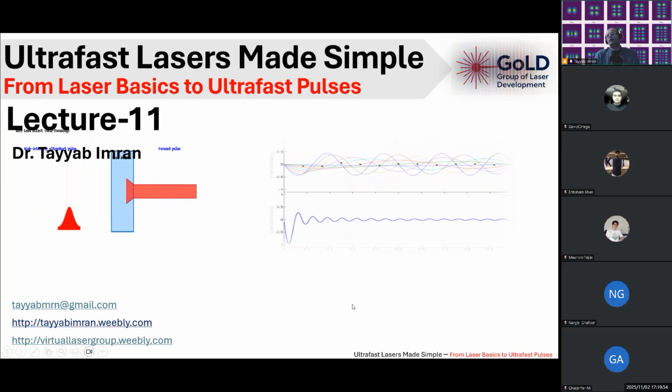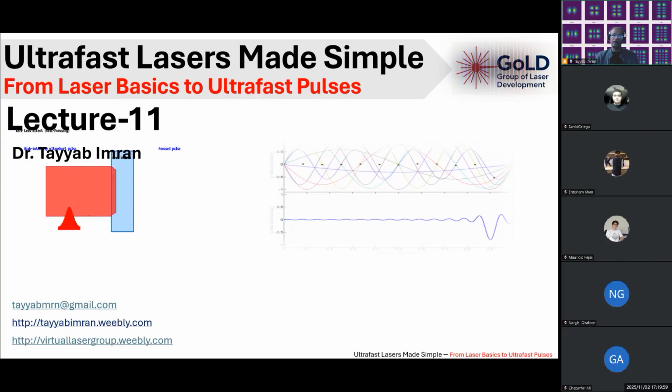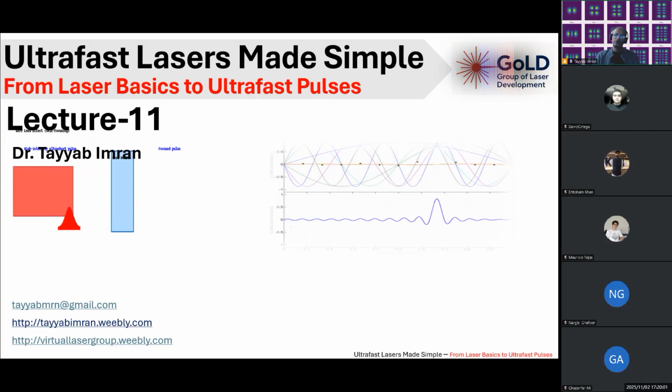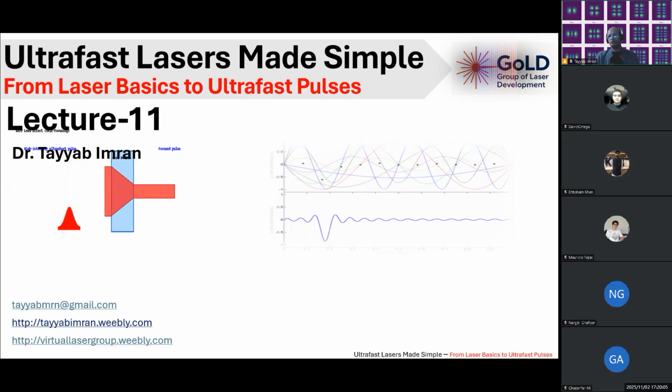We are not using an acousto-optic device or any kind of electro-optic device, but we are using something called a saturable absorber.